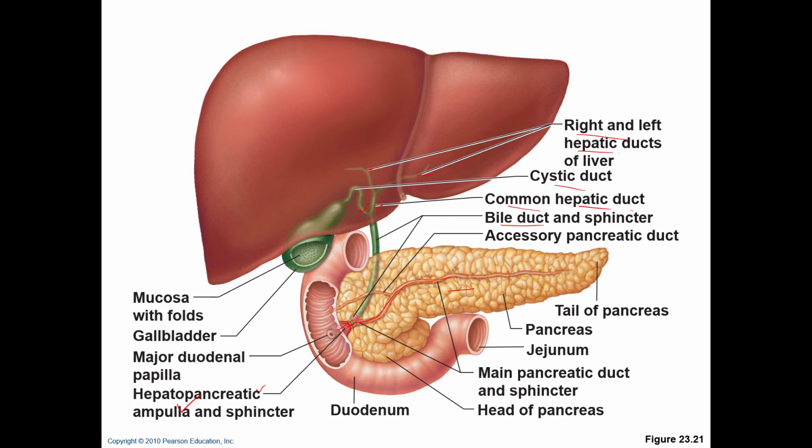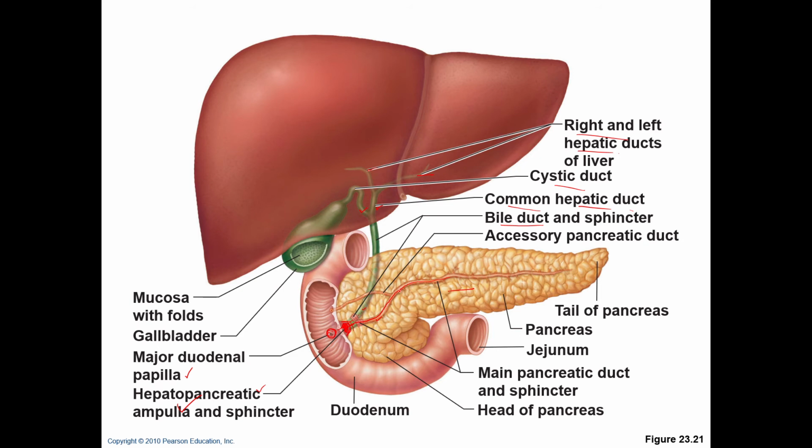And then they enter into the duodenum through this opening that is called major duodenal papilla. So this is hepatopancreatic ampulla, this wider part where two ducts, main pancreatic duct and bile duct, join, and then the opening here for that ampulla is called major duodenal papilla.